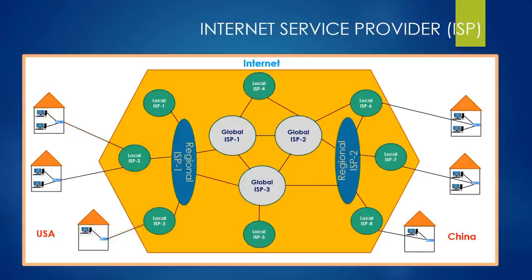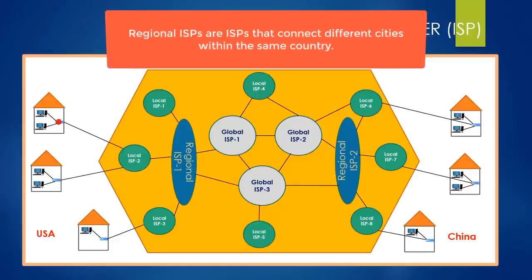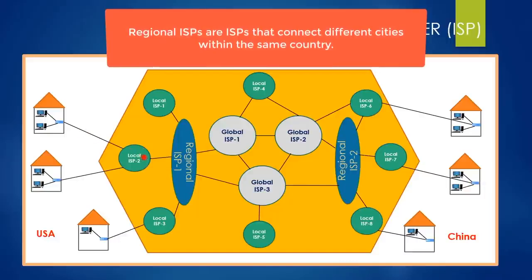In fact, this is where the regional ISP1 comes into play. In general, the regional ISP is engaged in the communication of devices in the same countries but in different cities. If you look carefully at the animation, local ISPs communicate over the regional ISP. This is obvious, right? And there we go.